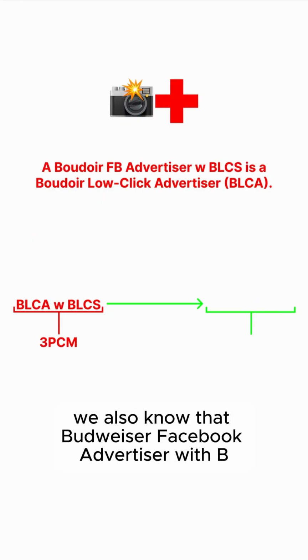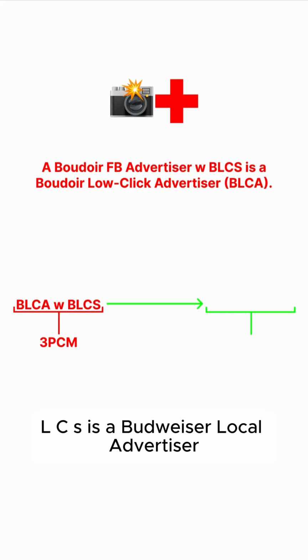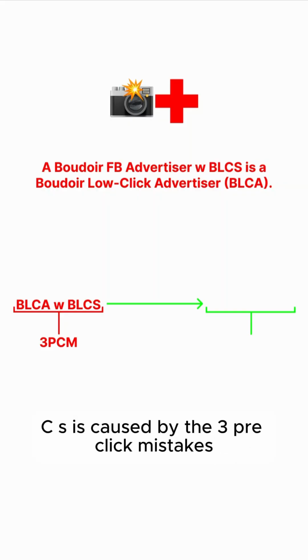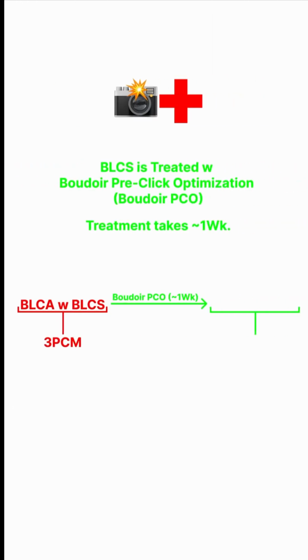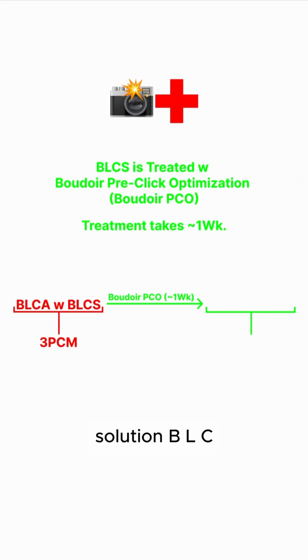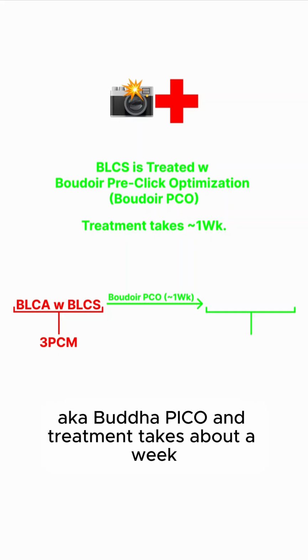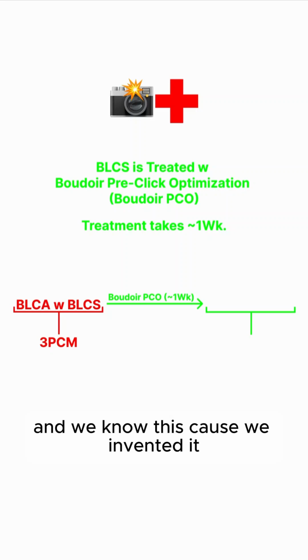We also know that a boudoir Facebook advertiser with BLCS is a boudoir low click advertiser, BLCA. So, building our universe here, we got a BLCA with BLCS, caused by the 3 pre-click mistakes. Solution: BLCS is treated with boudoir pre-click optimization, aka boudoir Pico, and treatment takes about a week. We know this because we invented it.